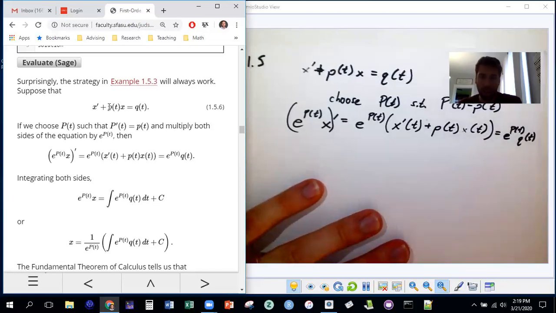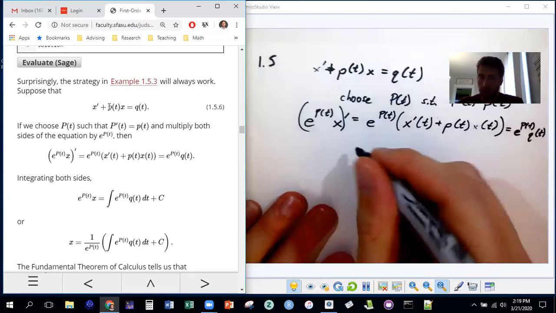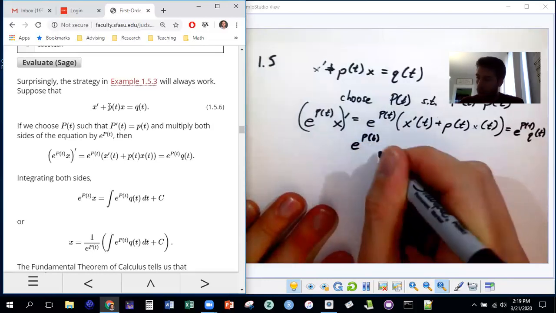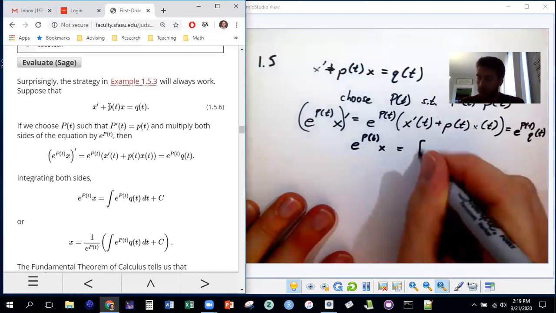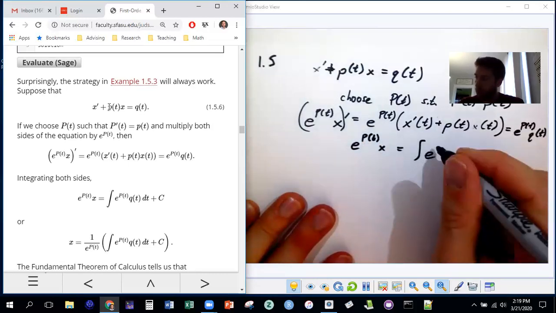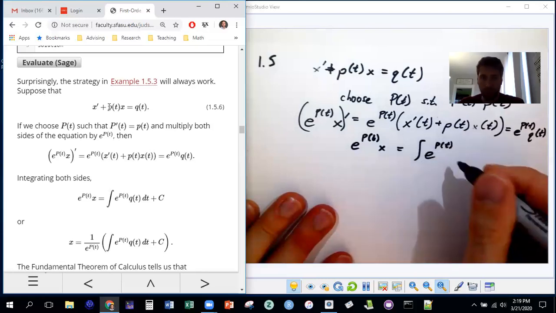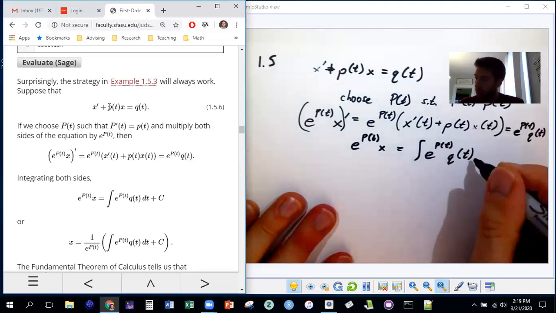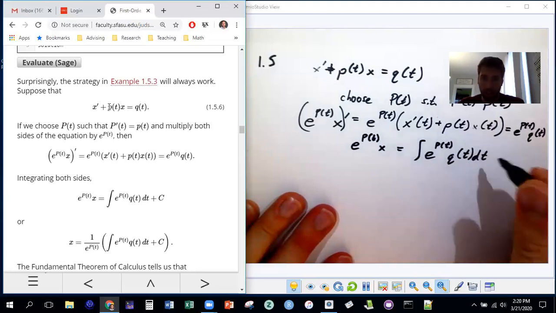Okay, integrating both sides gives you e to the P of t times x equals the integral of e to the P of t times q of t dt plus c.